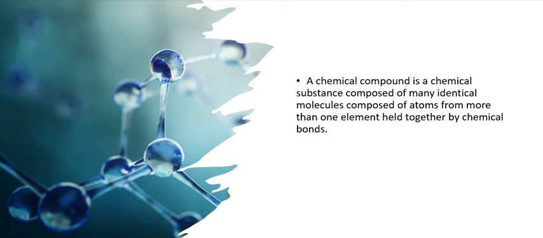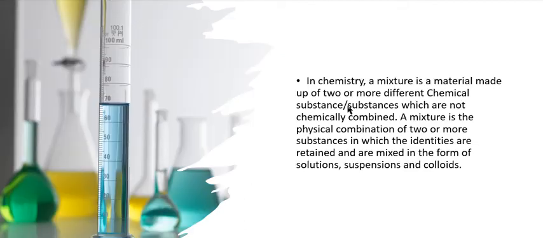So next, in chemistry, a mixture. What is a mixture? In chemistry, a mixture is a material made up of two or more different chemical substances. We can see it has more than one substance, so it is a mixture.